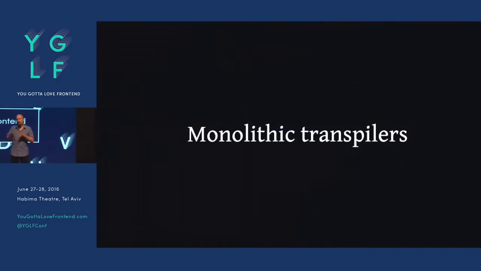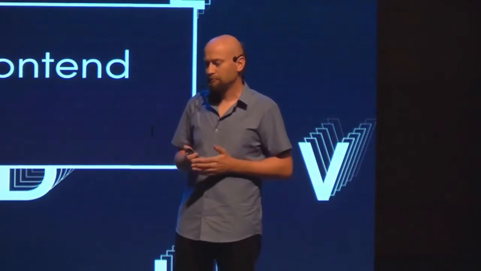Once we have our AST, we have basically two options for what we can do. We can create either a monolithic transpiler or a composite one. Monolithic transpilers are relatively simple.